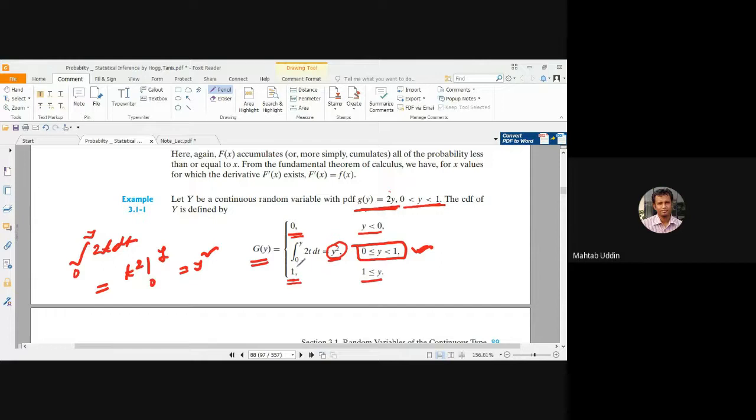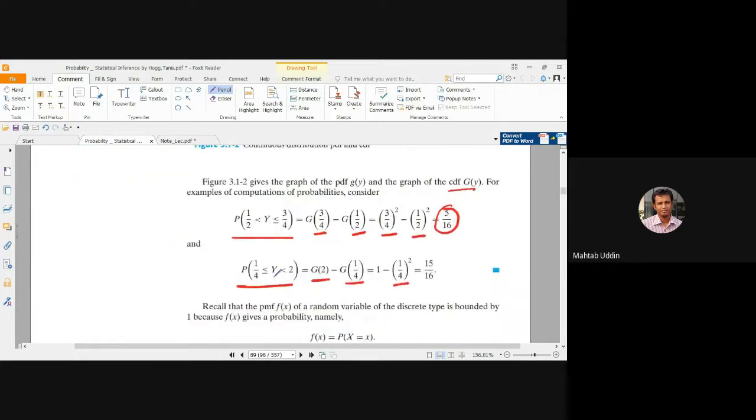So outside of the interval, what is the CDF value? After completing, it is 1. It doesn't matter whether the value is 5 or 10 or 20; it is more than 1, so its probability is 1. Can you see? The probability is directly written as 1.